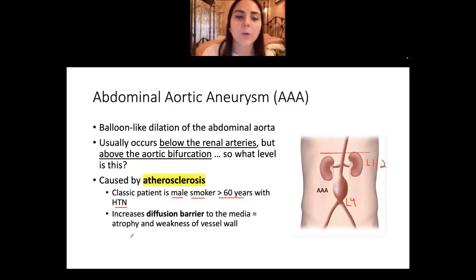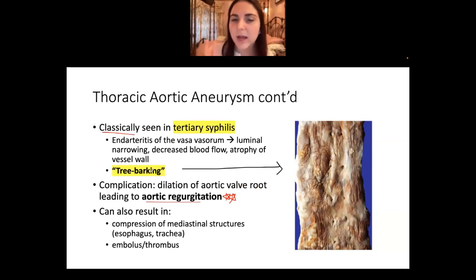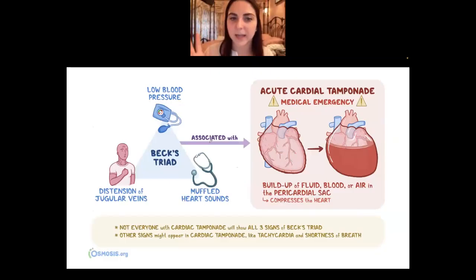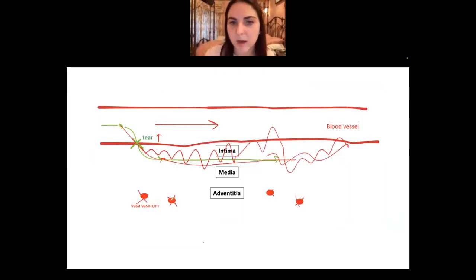And this is saying why it's kind of the same idea as the thoracic aortic aneurysm, where the issue is, oh, we didn't really talk about it. Oh yeah, we did. The vasa vasorum has vasculitis of the vasa vasorum. So then the media is eventually going to become weak. It's the same idea as with the dissection. I know I drew it.